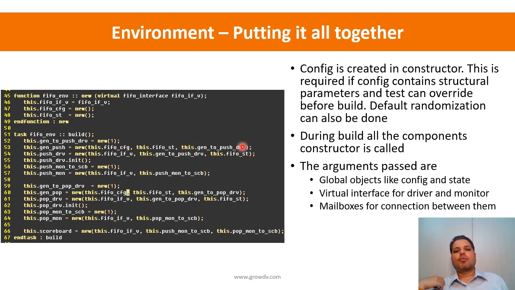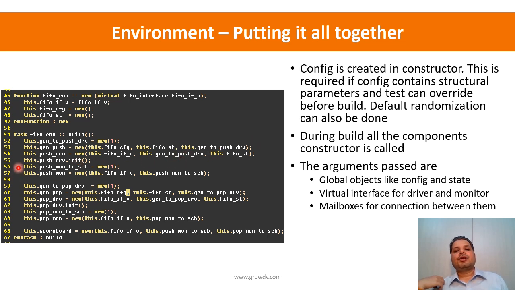So all these arguments that I have created I'm passing. We need to connect this gen push to the push driver. Anyway, the interface is common, but if you look over here, this is the same mailbox, right? The gen to push driver mailbox that I had instanced over here, I'm passing it to both the gen push as well as to the push driver. So this is how they get connected, right?